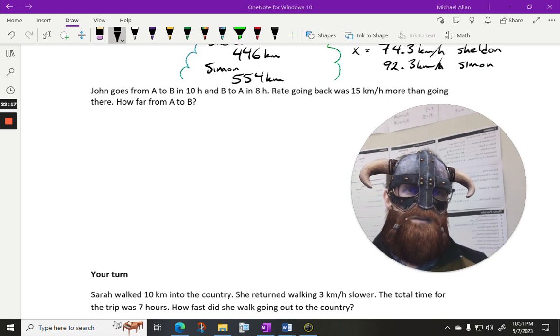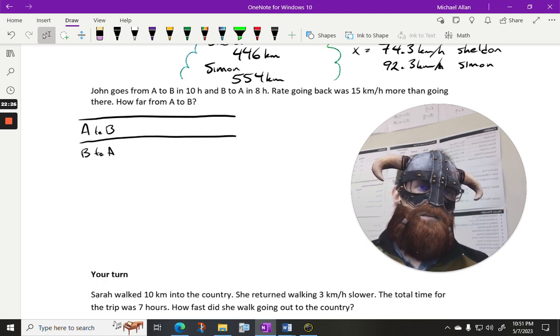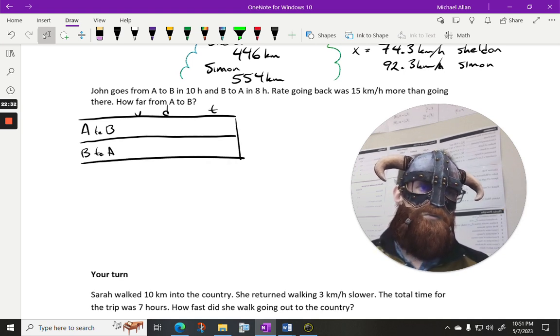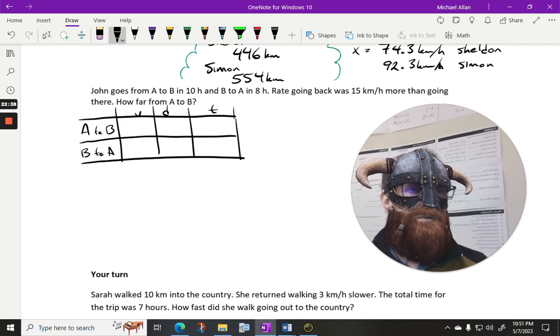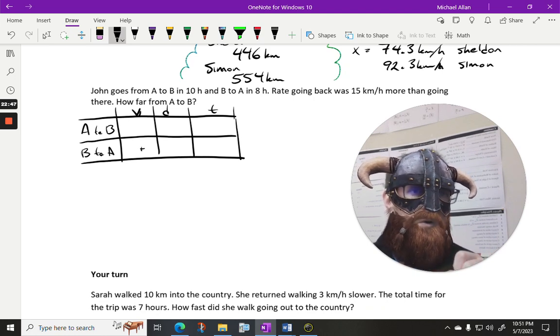Let me just write down some stuff here. We got A to B, and then B to A. So let's kind of fill out our V, D, and T table here. What do we know? Okay, so we know that coming back, so B to A, was 15 kilometers per hour more.